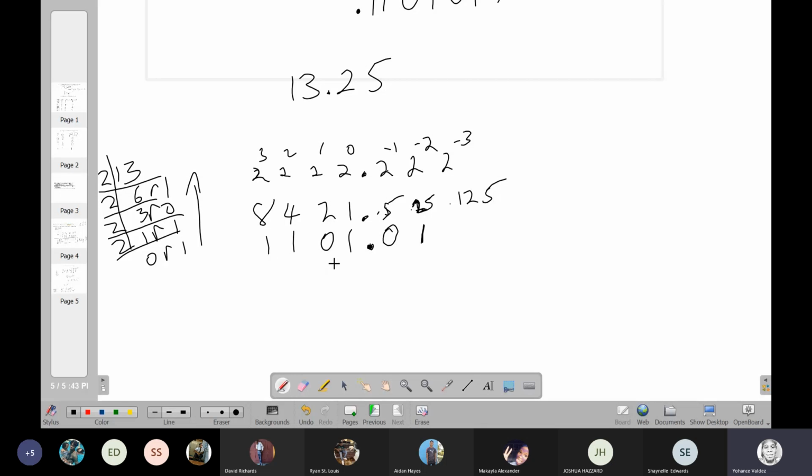So you're moving the point 1, 2, 3, 4. So this point moved 4 times. So we end up with 110101 multiplied by 2 to the 100, 2 to the power of 4. Okay?